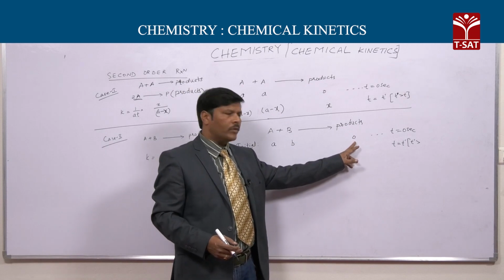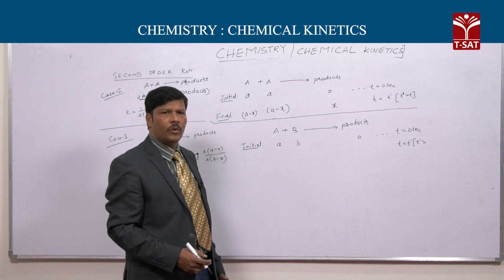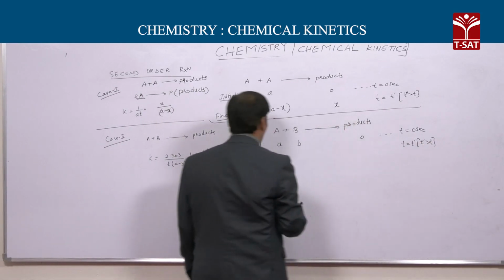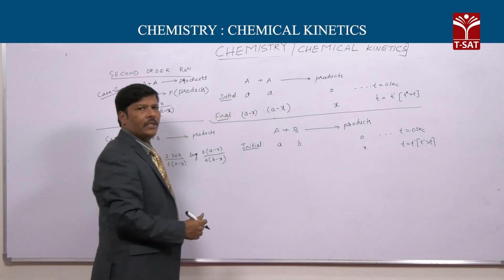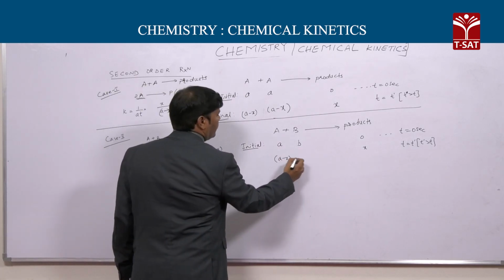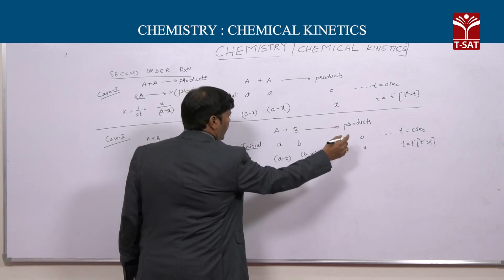At that time no products have been formed, so it is 0 moles per liter. But when time T is equal to T dash, which is greater than T, if X amount of products have been formed, then the concentrations are going to be A minus X and B minus X after the lapse of time.